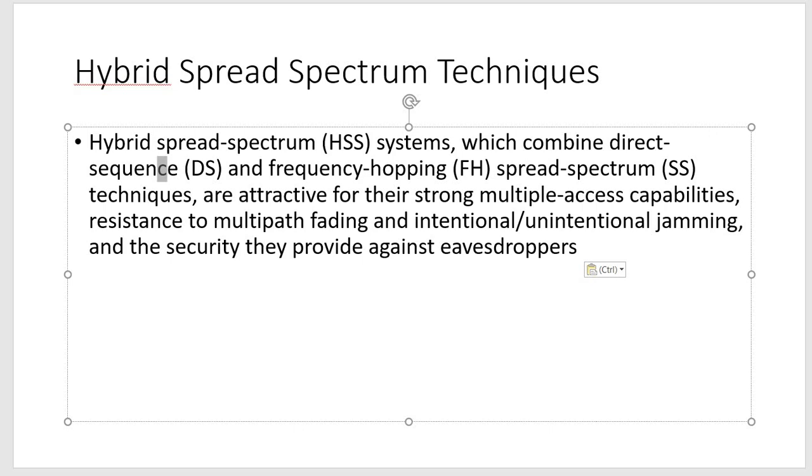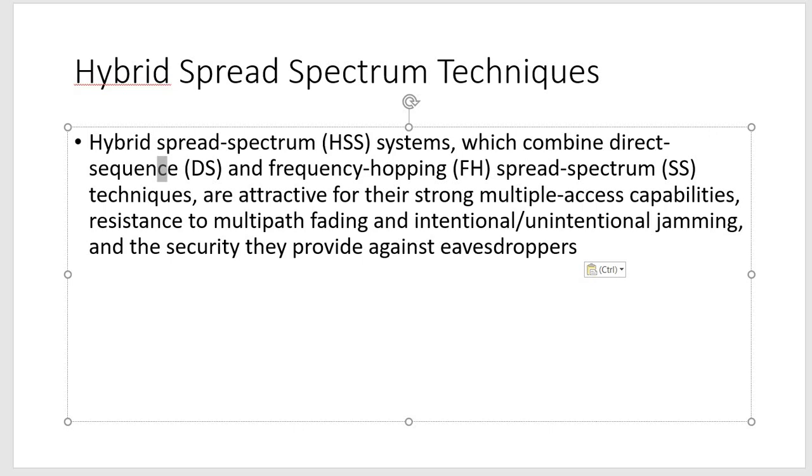So all this combination is called hybrid. They are attractive for their strong multiple access capabilities, resistance to multipath fading and intentional and unintentional jamming, and the security they provide against eavesdropping. So the advantage is that it combines all those techniques in this hybrid.